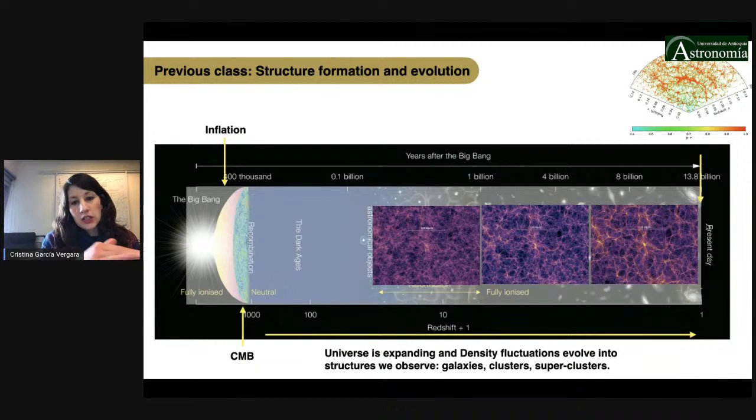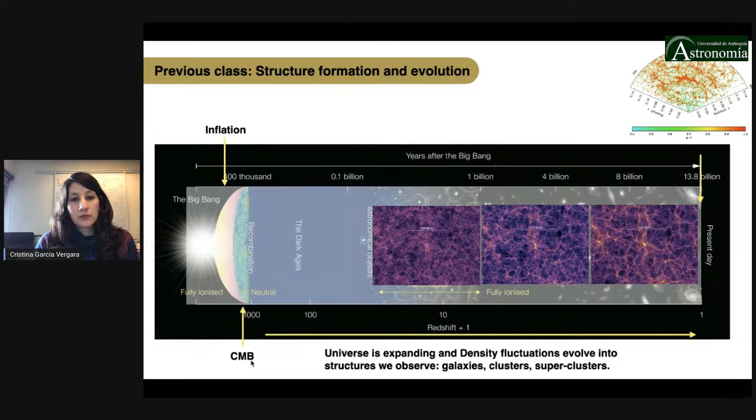You can see redshift in the x-axis, and that is basically time. We started with an explosion, the Big Bang. Then we had an inflation phase in which the space grew super fast. And we can have an observational proof of the state of the universe just after the inflation, which is called CMB. In the CMB, we can already distinguish some matter overdensities and matter underdensities.